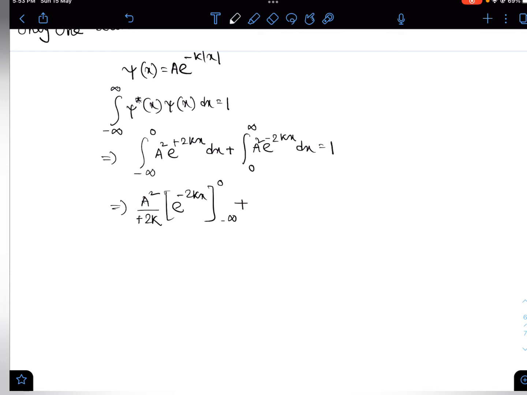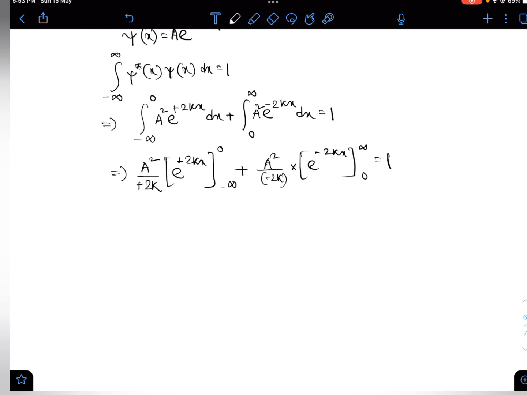So it is positive, and from the second term we will get A squared by minus 2k, and we will have e to the power minus 2kx, which is from 0 to infinity. So A squared by 2k we can take common, and if we put 0 here it will be 1, and e to the power minus infinity will be 0.